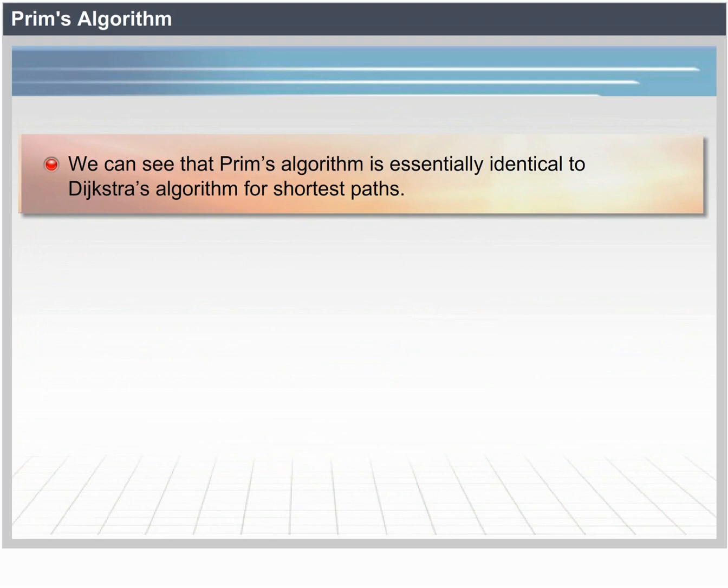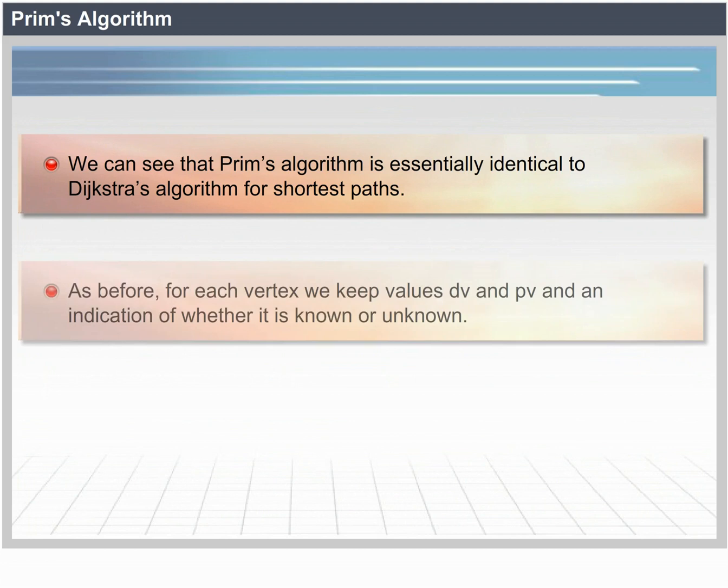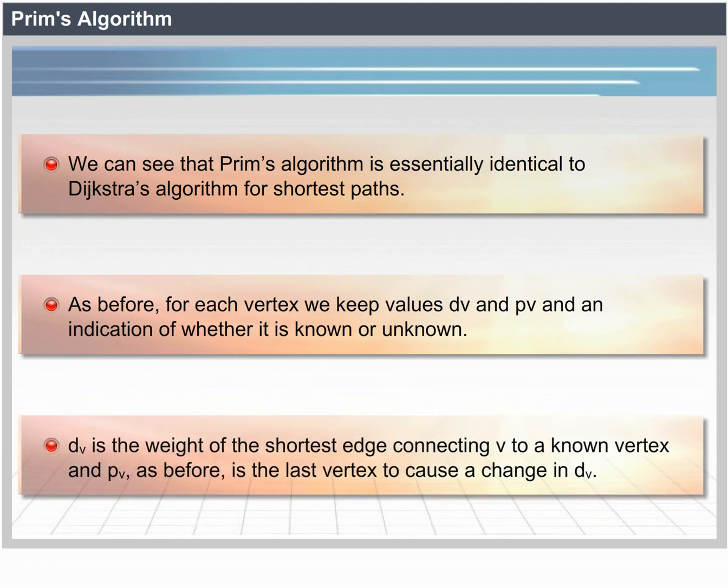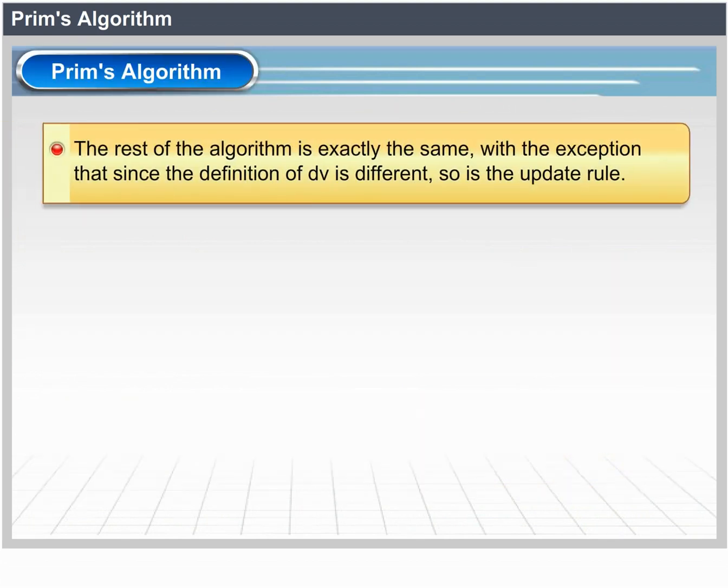As before, for each vertex, we keep values dv and pv and an indication of whether it is known or unknown. dv is the weight of the shortest edge connecting v to a known vertex, and pv, as before, is the last vertex to cause a change in dv. The rest of the algorithm is exactly the same, with the exception that since the definition of dv is different, so is the update rule.